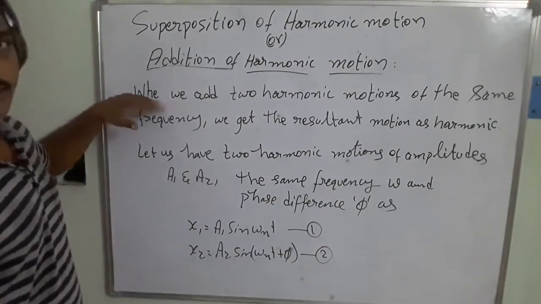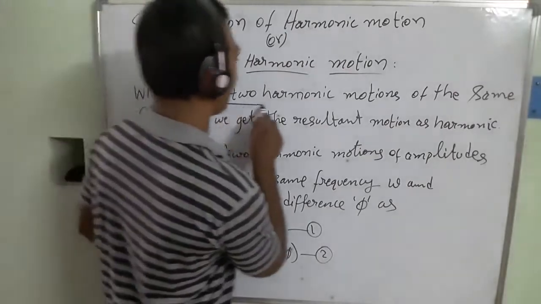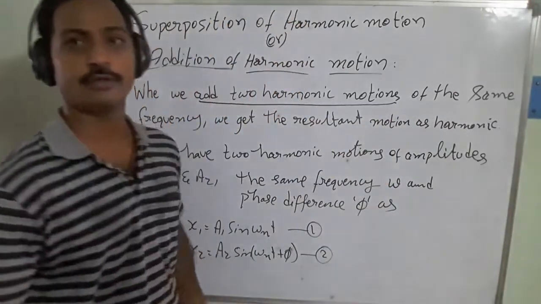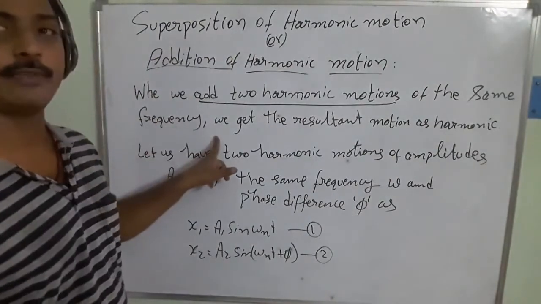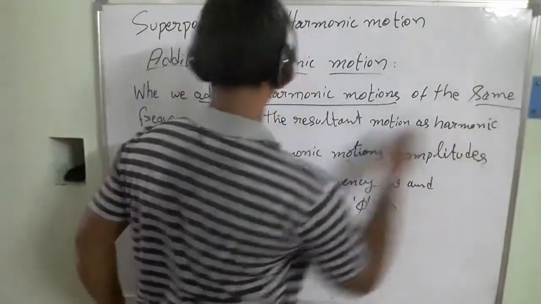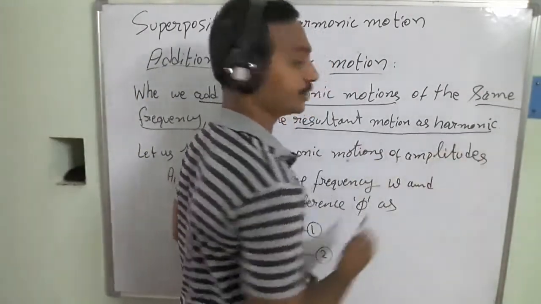When we add two harmonic motions of the same frequency, we can get the resultant motion as a harmonic motion.